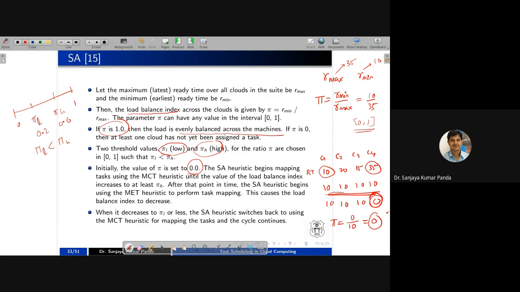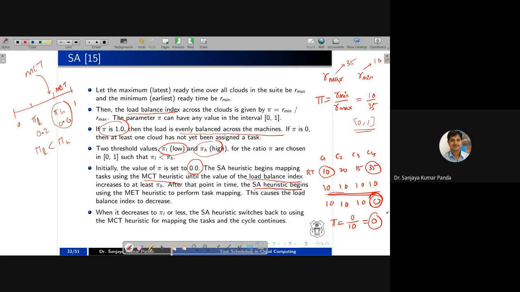So the SA heuristic begins mapping with the MCT heuristic. How does it start? It starts the mapping with MCT until the load balance index increases to pi H. You start with MCT until you reach the pi H point. After this point, what is the SA heuristic doing? It is applying MET.